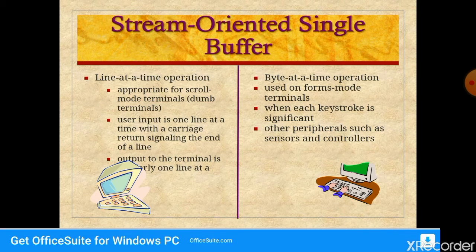As we already discussed, stream-oriented buffering is nothing but transferring the data in and out in terms of continuous streams. Specifically, streams mean one line at a time is read and stored in the buffer, and one line at a time is again transferred out from the buffer.